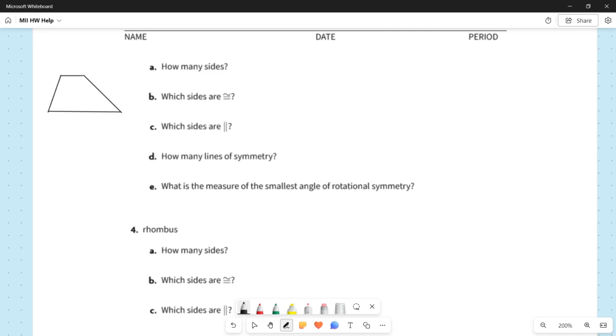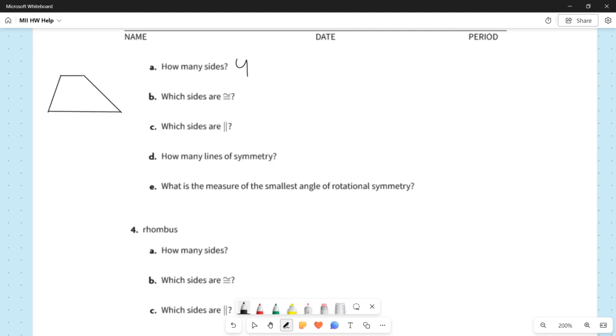A trapezoid is a quadrilateral. So again, how many sides? It has 4 sides. B says which sides are congruent. Well, in a trapezoid, technically none of them need to be congruent. Now, depending on the trapezoid, you can have up to three sides be congruent.